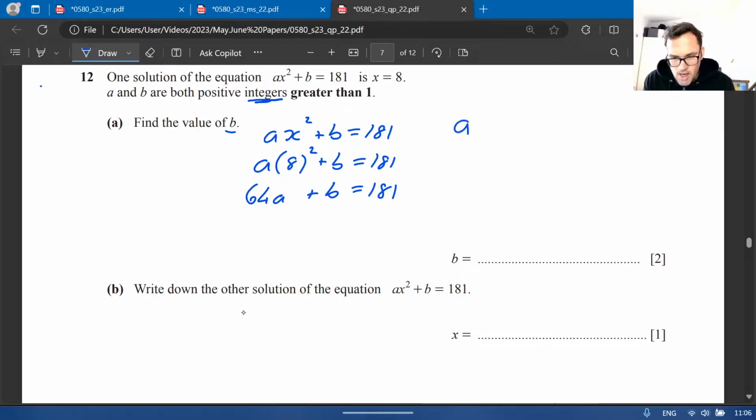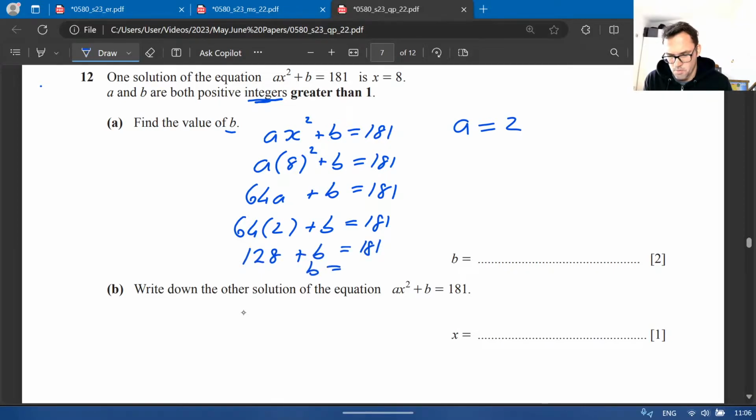If, for example, a equals 2, so 64 times 2 being 128, then b must be 181 minus 128. What is that? 53. Then b must be 53.